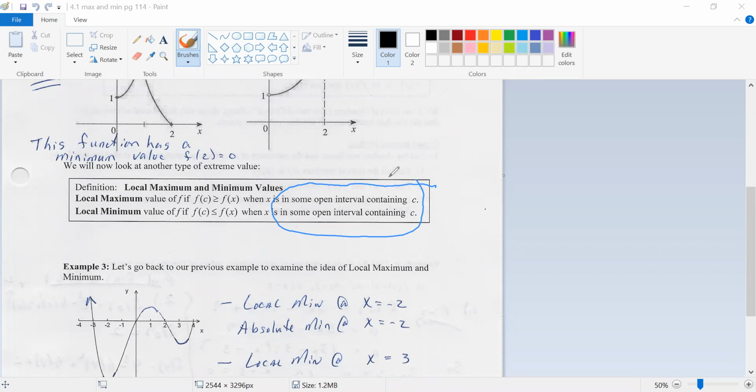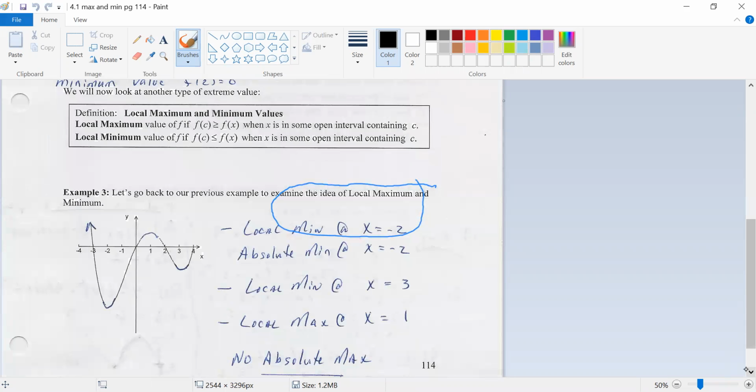You'll see what I mean in a second when I scroll down just a bit further. Sorry, I'm hitting the wrong function here. So this function has a local minimum here and a local maximum here. So here's the max and here's the min. That's what we were talking about earlier.